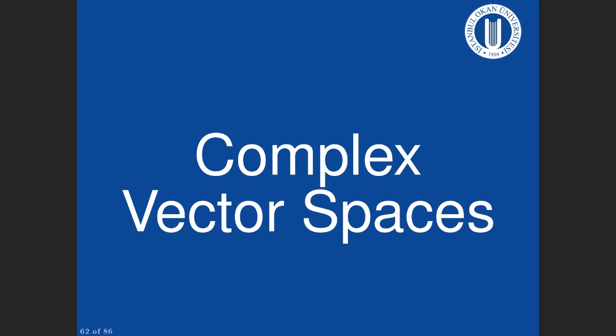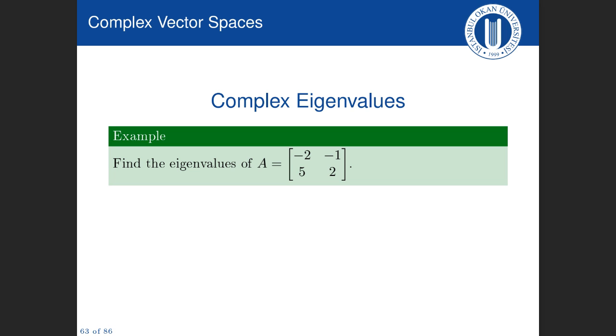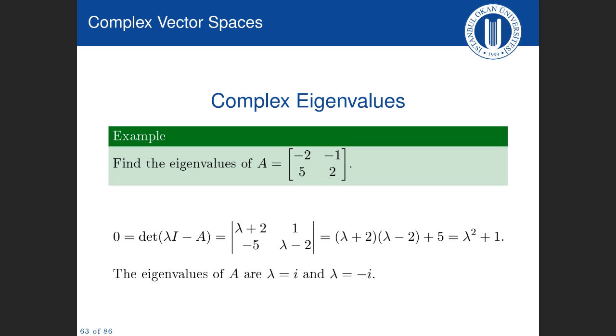Why is that interesting to us? Well, I start with the example: find the eigenvalues of the matrix [-2, -1; 5, 2]. We need the characteristic equation. 0 is equal to the determinant of lambda I minus A. And I'll leave it for you to check.